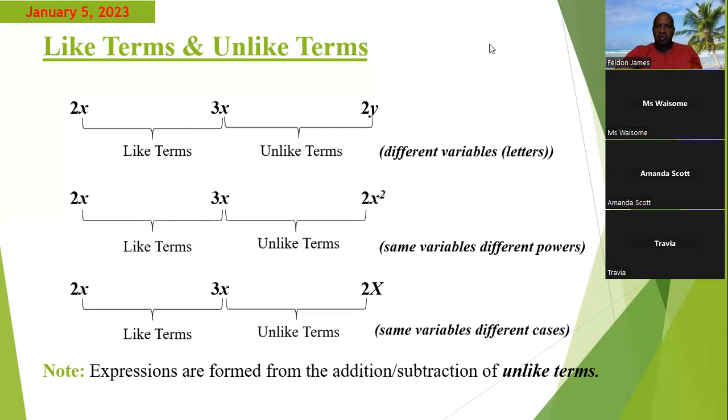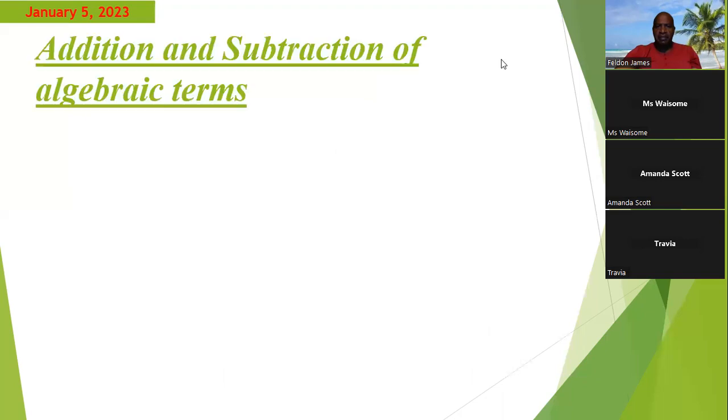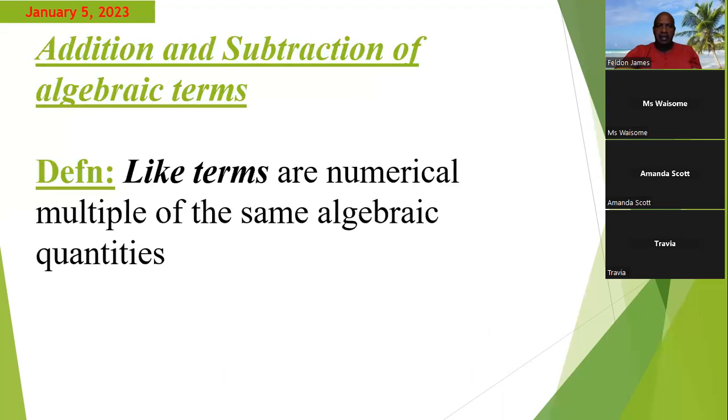We can add like terms in a certain way, and we can also add unlike terms. But when we add unlike terms, we get an expression. When we add like terms, we get a simplified form of the same term. All right, so what do I mean by that?